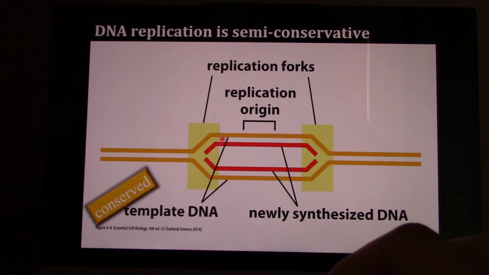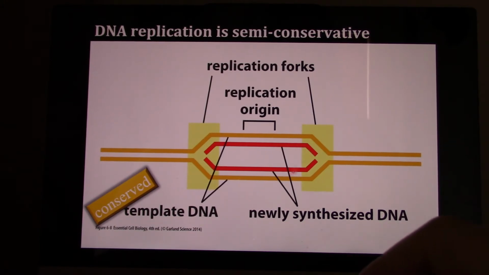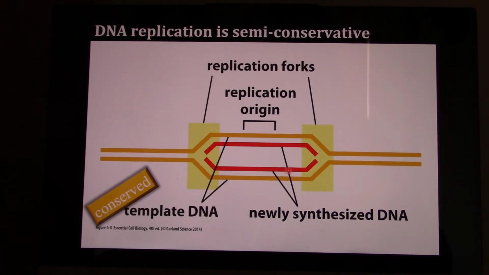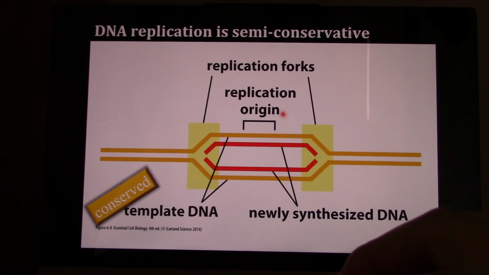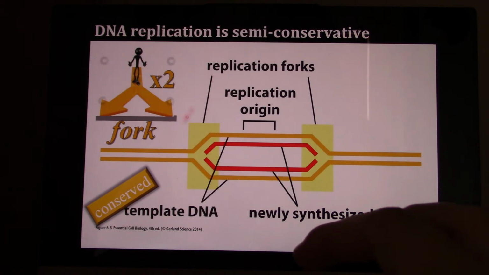So it's going to read the template and copy it, just like your scanner is going to read the piece of paper you put on it, and you're still going to have that piece of paper, but you're also going to have a copy generated. So the newly synthesized DNA is not conserved, it is new, and so this is why we call it semi-conservative.